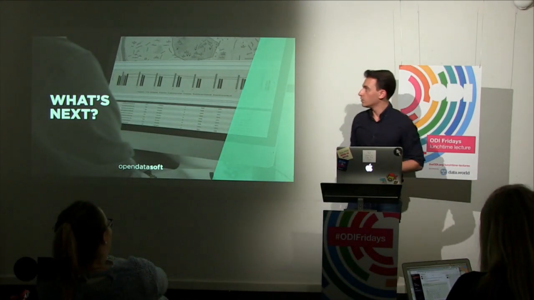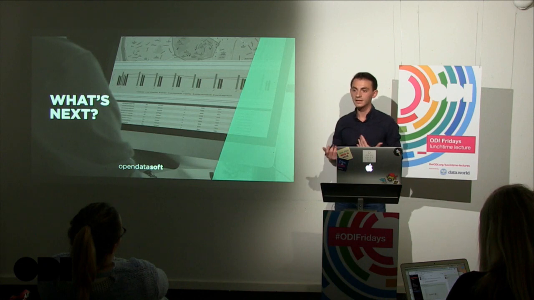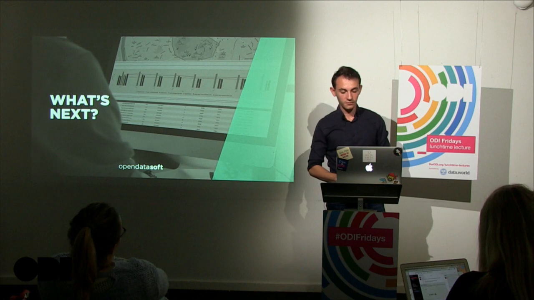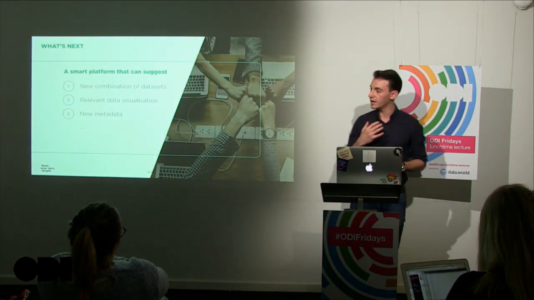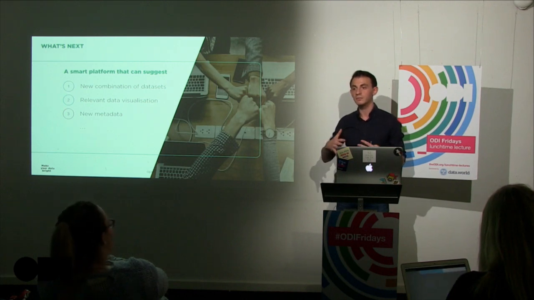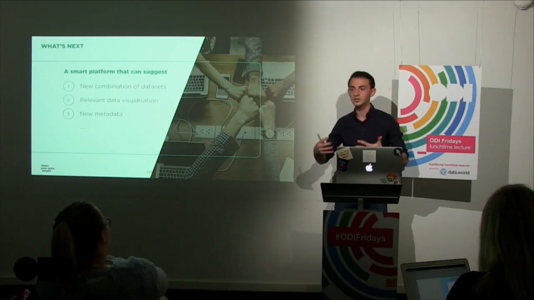So I showed concrete examples of what linked data can do, but we can imagine a lot more features. And when a platform uses linked data, it can become smarter and smarter. So we can imagine a platform that is able to suggest automatically new combinations of datasets.